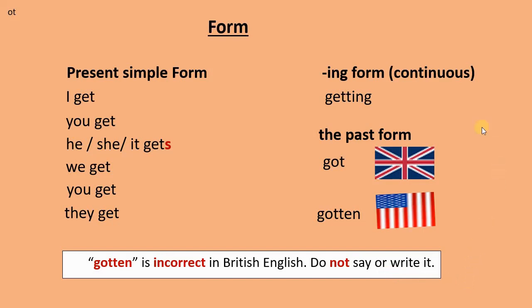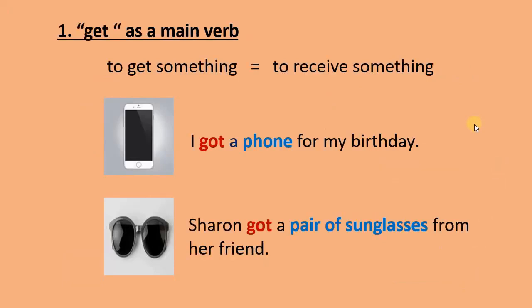So let's look at the meaning of get as a main verb. Number one. So first example is to get something, which means to receive something.